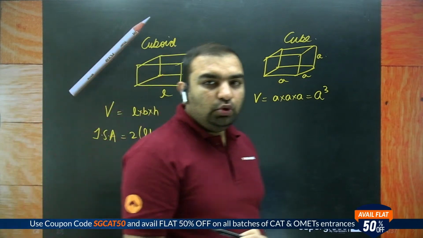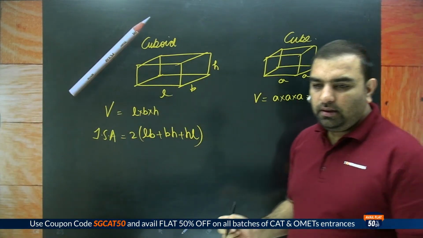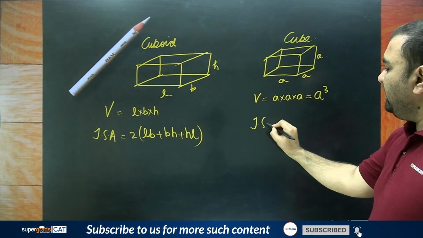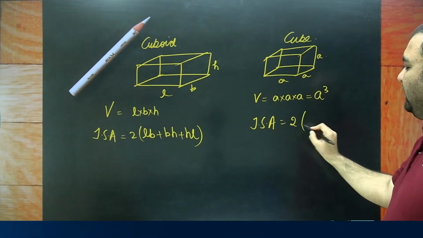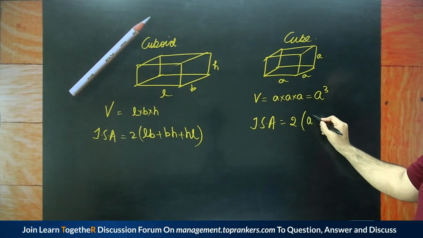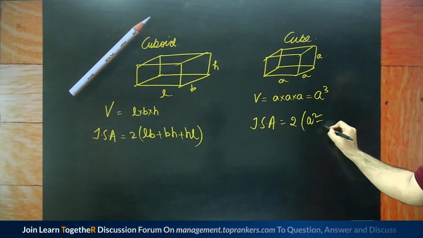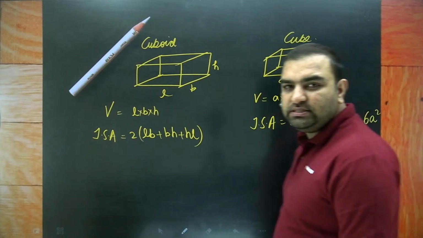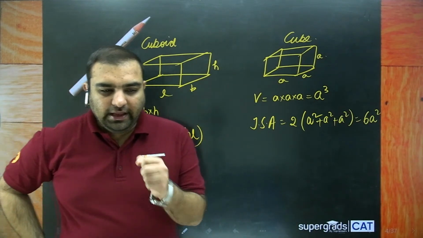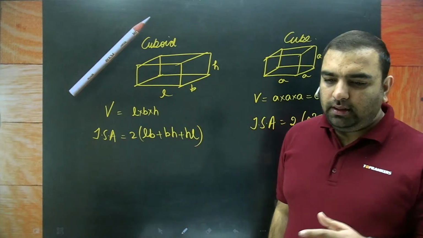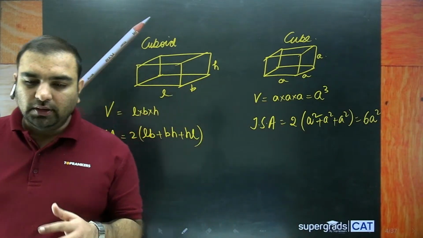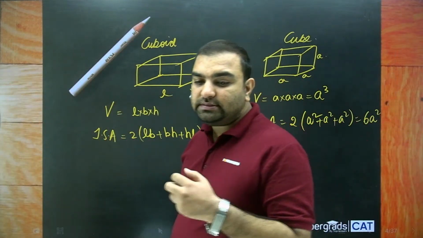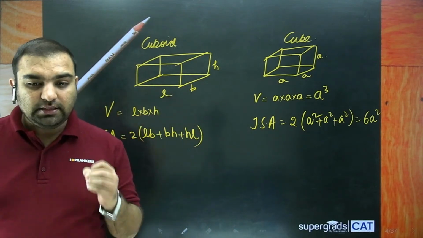Now, in the cube, each and every side is A. क्यूब में हर एक साइड A है, तो A इंटू A स्क्वायर, A स्क्वायर प्लस A स्क्वायर, 6A स्क्वायर. गॉट माई पॉइंट? तो अब आपको पता रहना चाहिए कि टोटल सरफेस एरिया ऑफ अ क्यूब इज 6A स्क्वायर. Total surface area of a cube is 6A square.